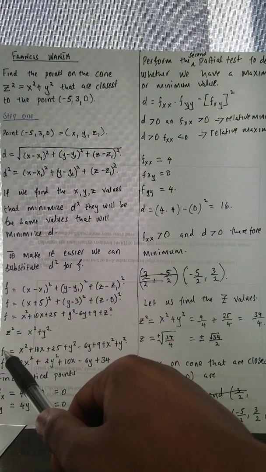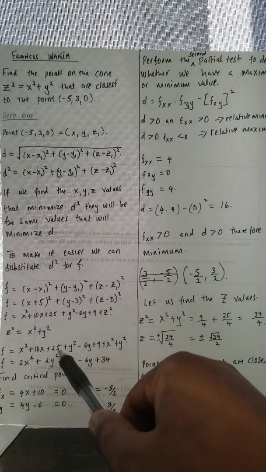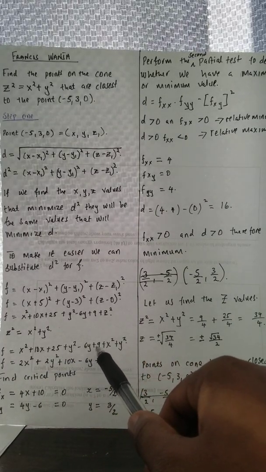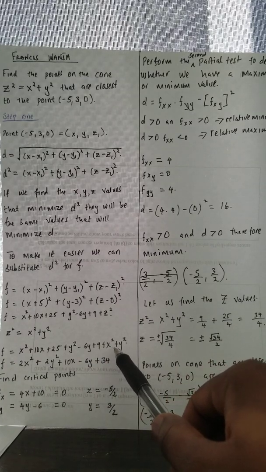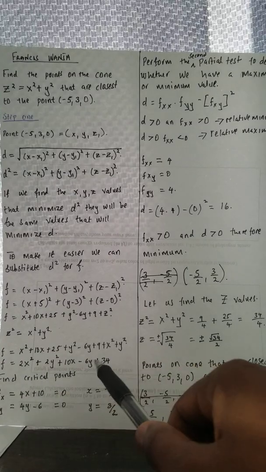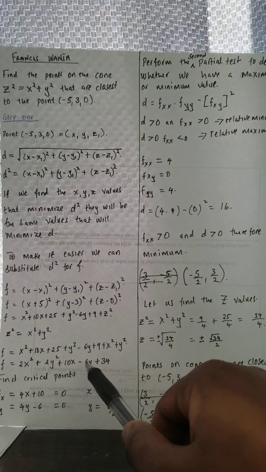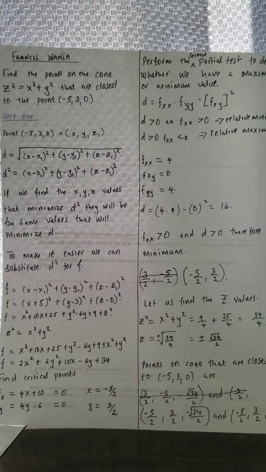Our function is now x squared plus 10x plus 25 plus y squared minus 6y plus 9 plus x squared plus y squared. Grouping like terms, we have 2x squared plus 2y squared plus 10x minus 6y plus 34.